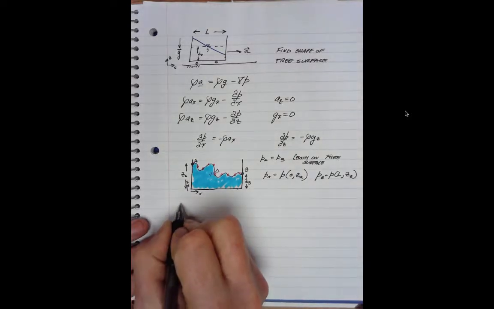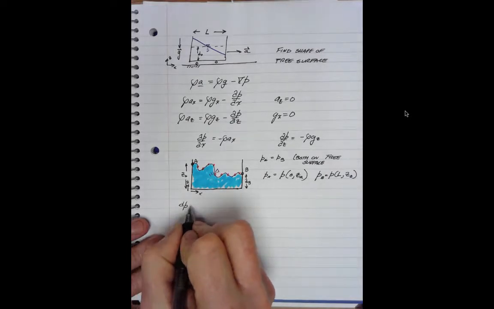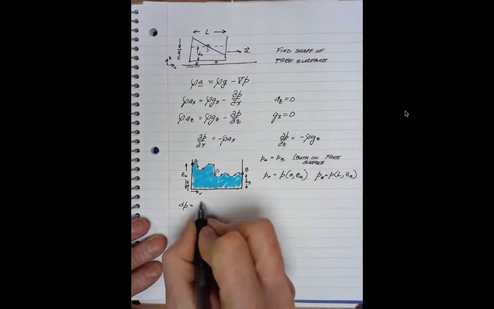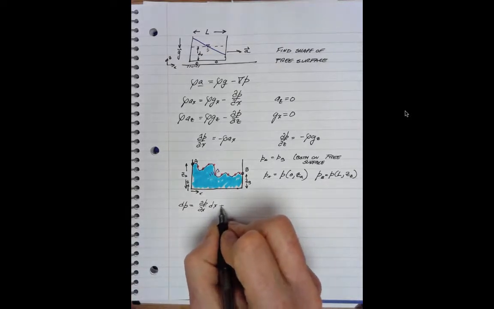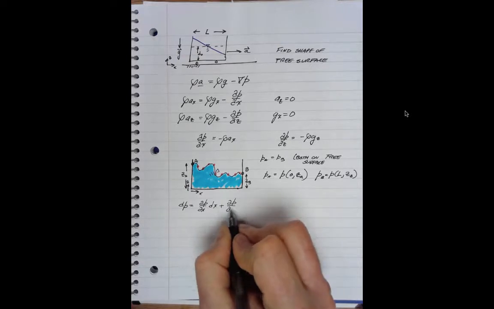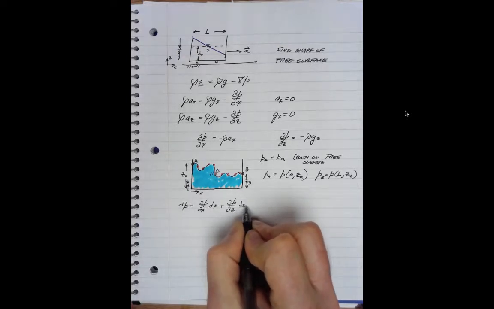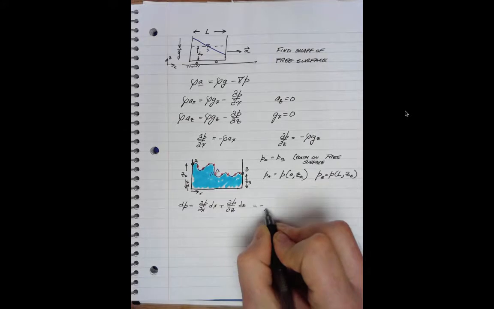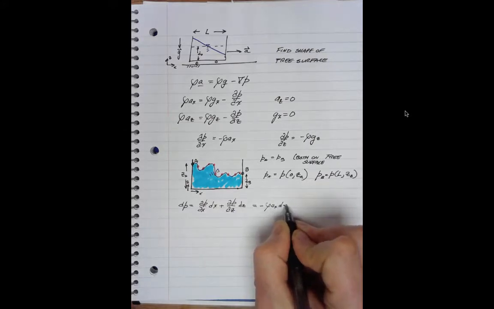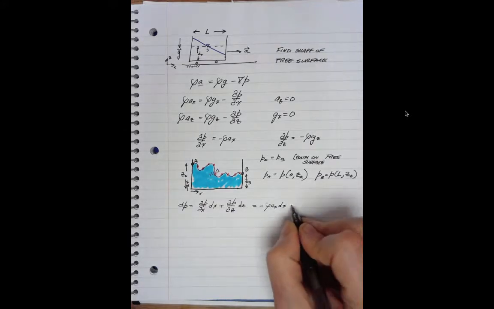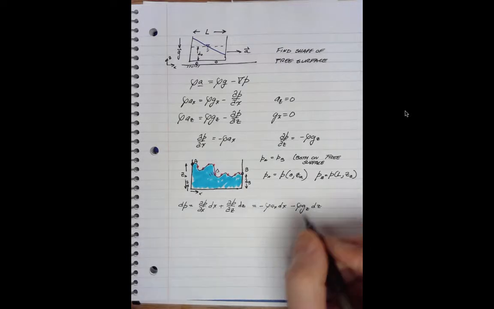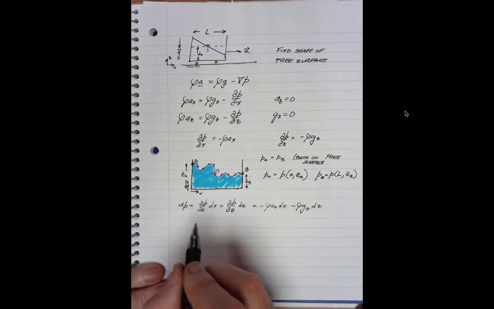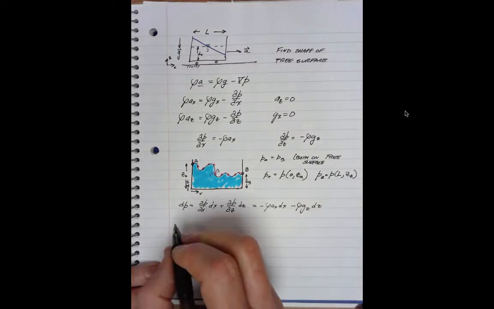So we have the change in pressure is dP dx dx plus dP dz dz, which equals minus rho a sub x dx in our case, minus rho g sub z dz. But on the free surface, we know that dP has to equal 0.